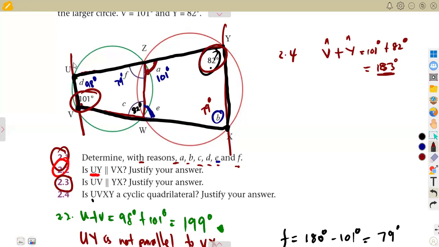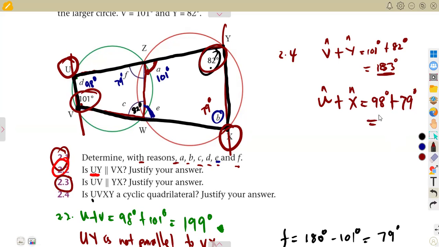Also, you can prove with angle U and angle X. If you add angle U plus angle X, what are we going to have? Angle U was 98 degrees. So if we add this 98 plus the 79 degrees in this case, we are supposed to obtain 180, but this one is giving us 177.